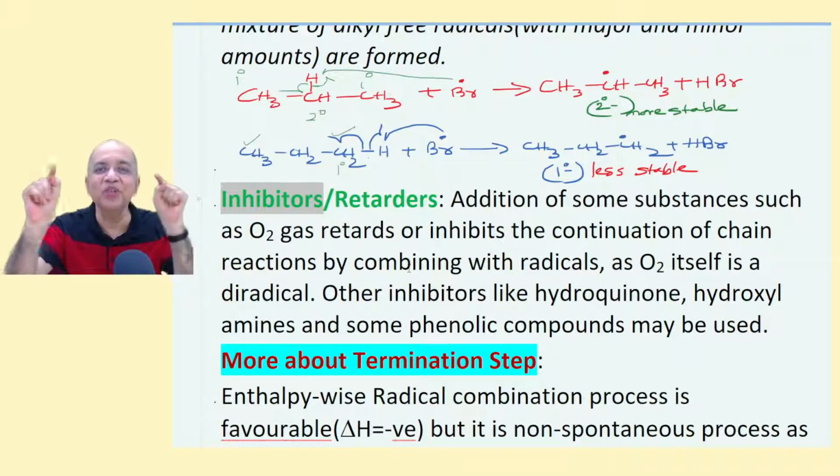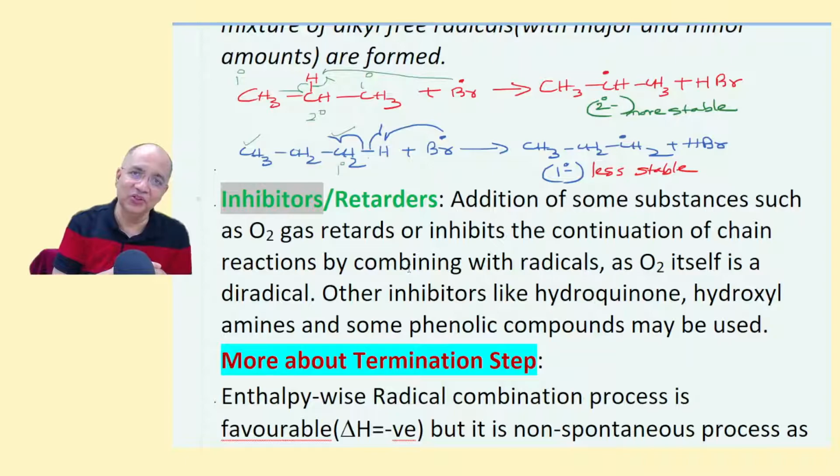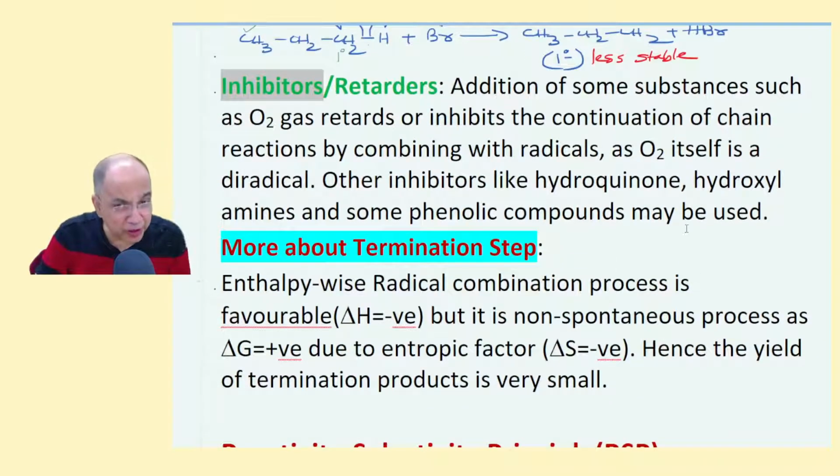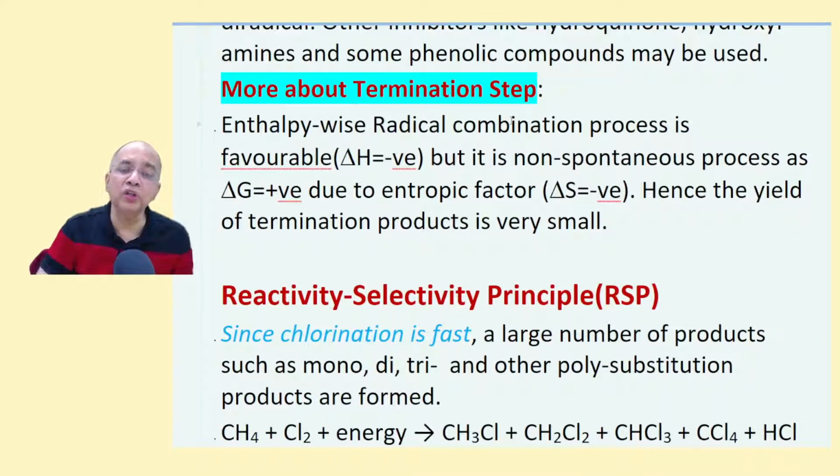It contains 2 unpaired electrons. So they capture the radicals and stop propagation cycles. Sometimes in other processes, you will know, other inhibitors can be used like hydroquinone, hydroxylamines, some phenolic compounds. We are not interested in those things now. Let us know more about termination step.